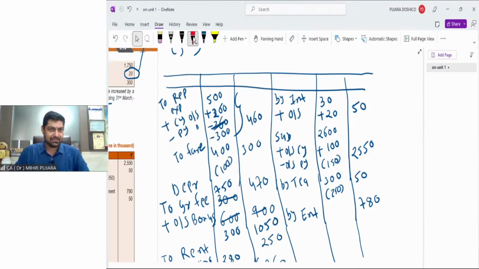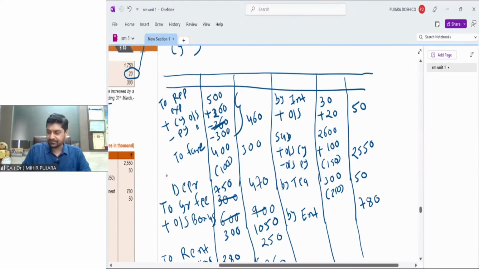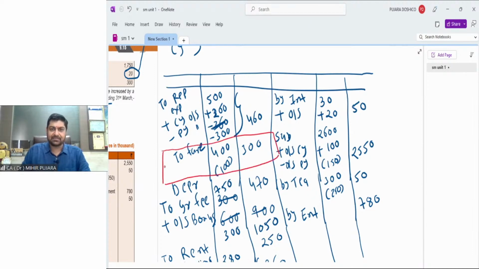For them only I am just showing. Okay, see, this is fair, which we have done in the last session. It is income minus expenses. Same, this is tea. Tea also we have done in the last session.